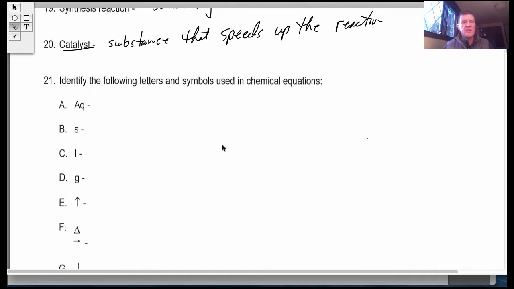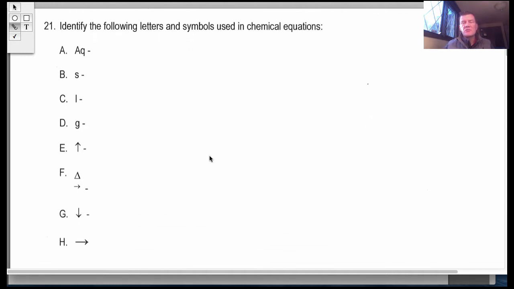These are some different symbols that we use in writing a chemical equation. This just means aqueous, solid, liquid. So you'll see these symbols next to the formula. Gas. This also can mean that a gas was produced. This means that there's heat involved.